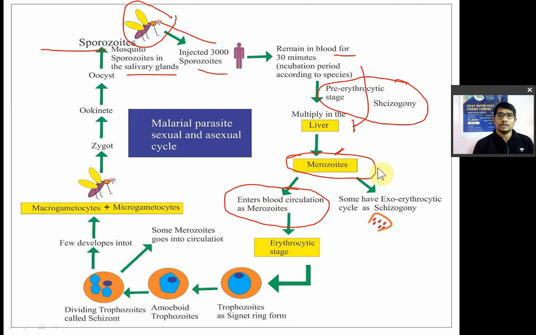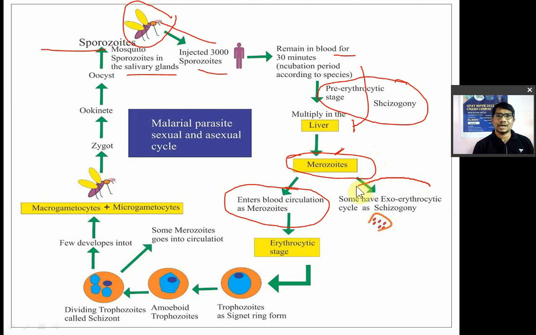Now, if the parasite is Plasmodium vivax, Plasmodium ovale or Plasmodium malariae, what will happen? The sporozoites go into a dormant condition.